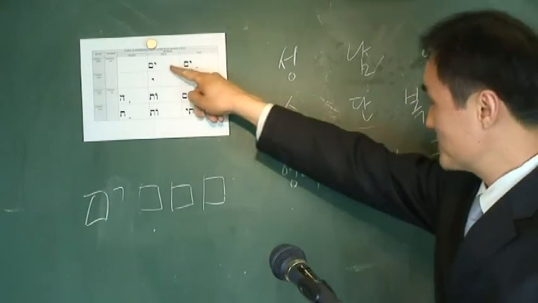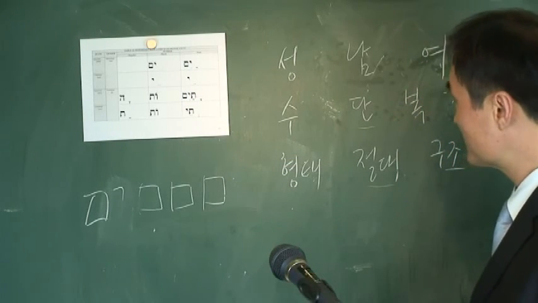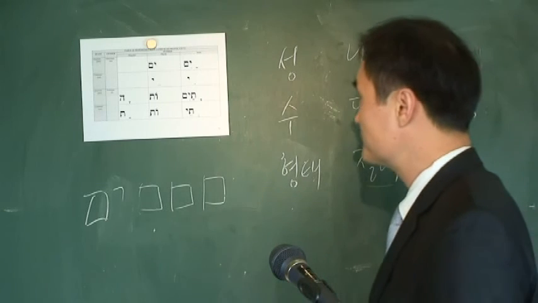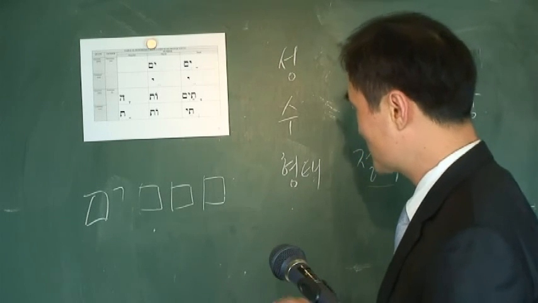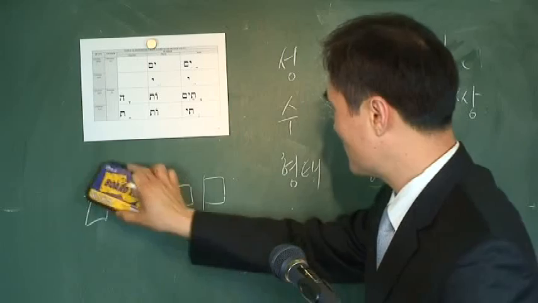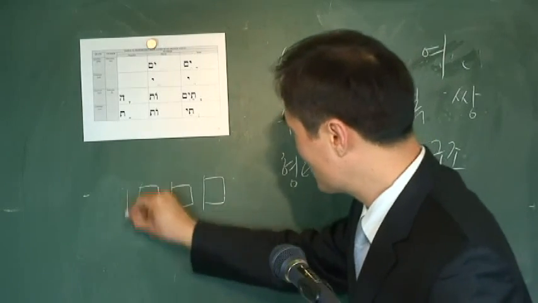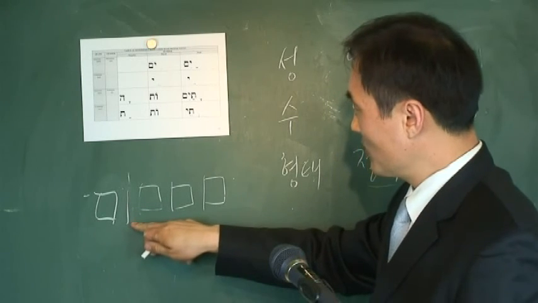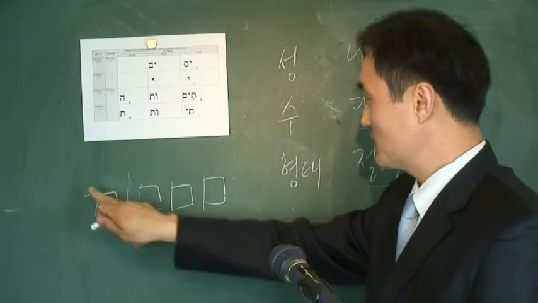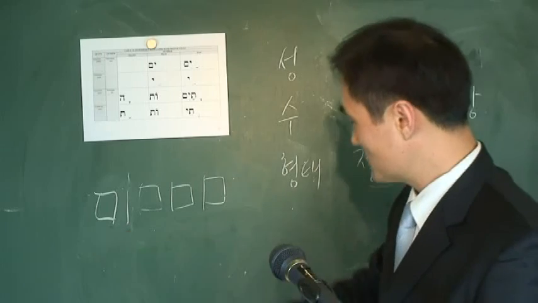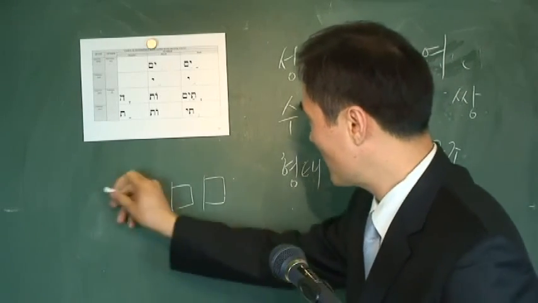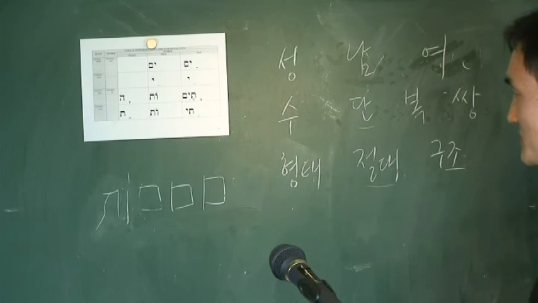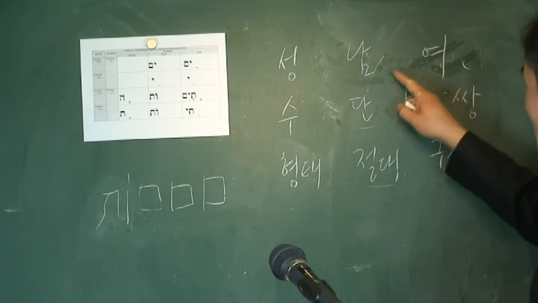The endings hirek, yod, and mem. We can see them here. Next, the feminine plural absolute state. It is ot, which becomes holem vav and tav.